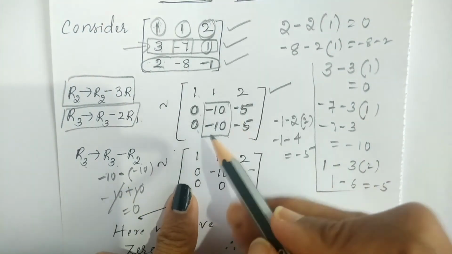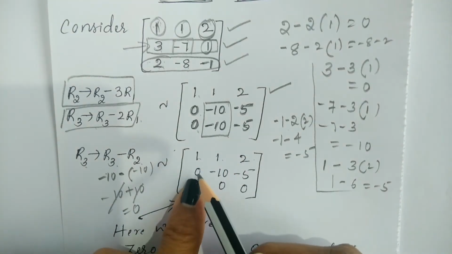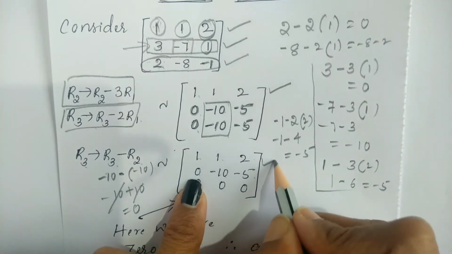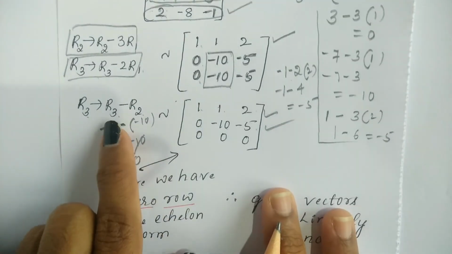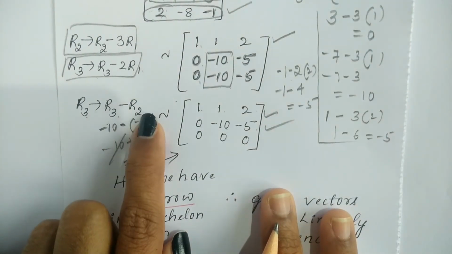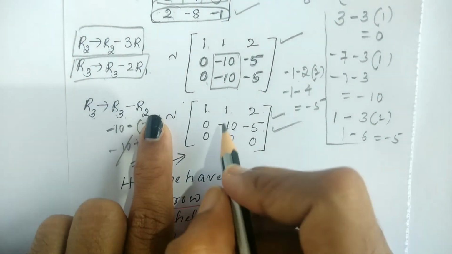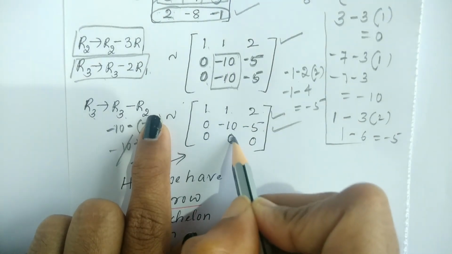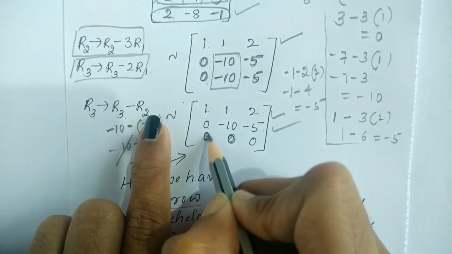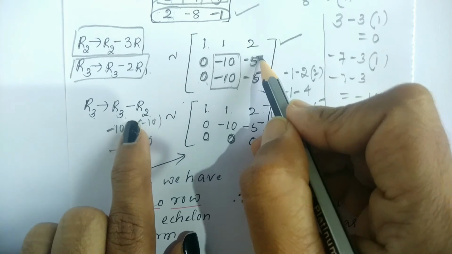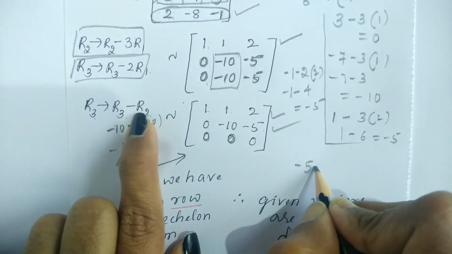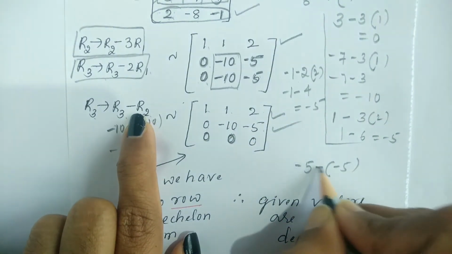Now 1 1 2 as it is, 0 -10 -5 as it is, row 1 and row 2 as it is. What about R3? R3 changes to R3 minus R2. Here this one becomes 0. Now -5, R3 is -5 minus R2, which is -5. Minus into minus plus 5.